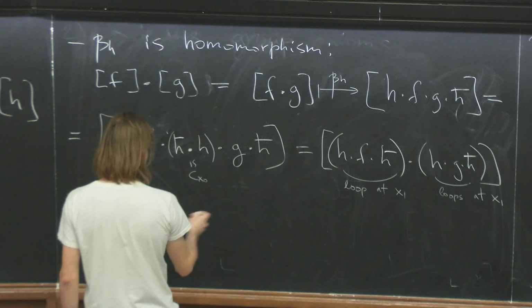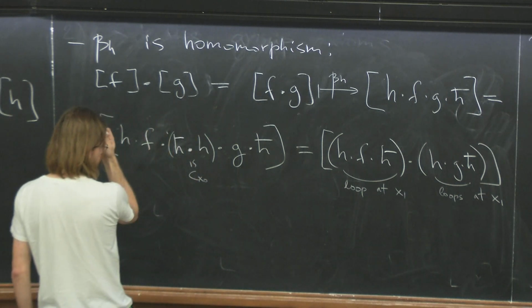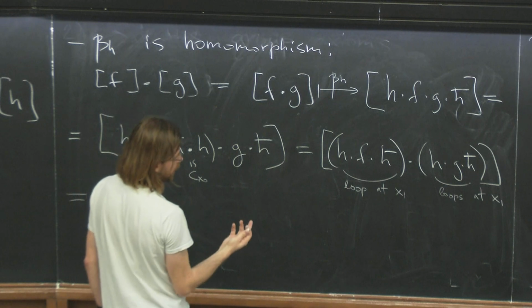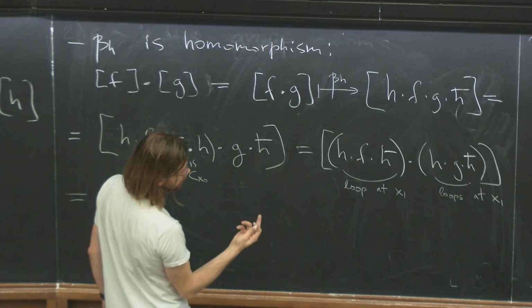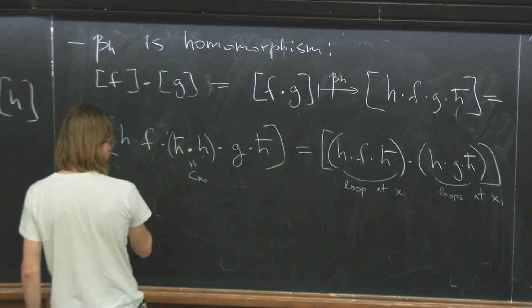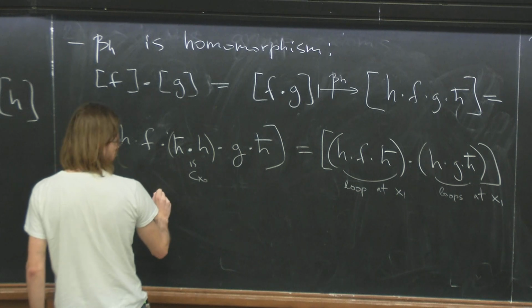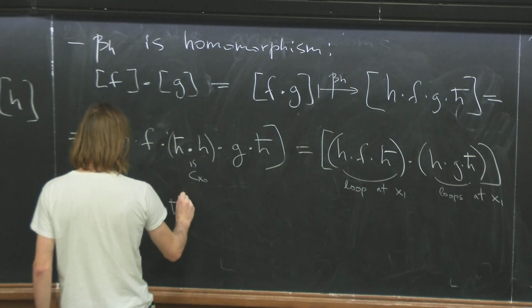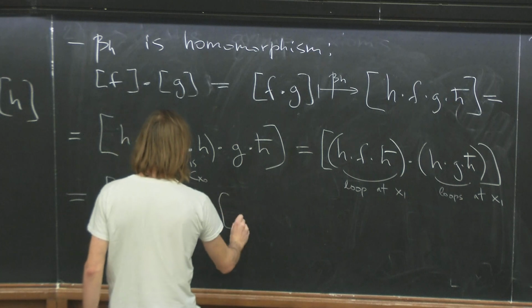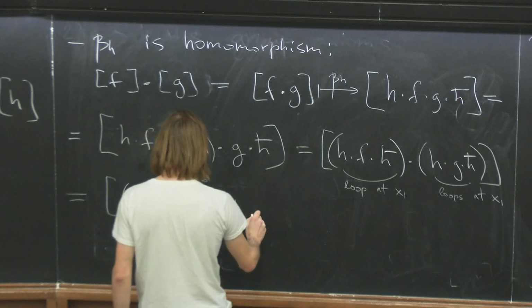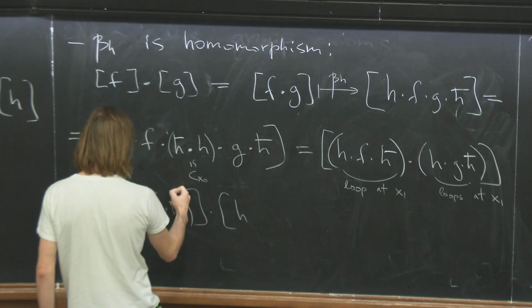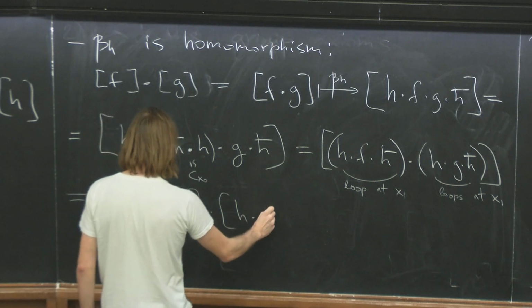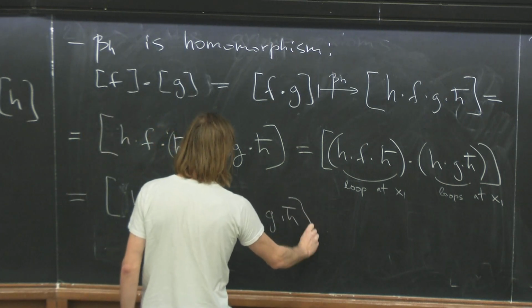By using the definition of the group structure in the fundamental group for the base point x1, this is just a product of the corresponding classes: h f h bar and h g h bar.